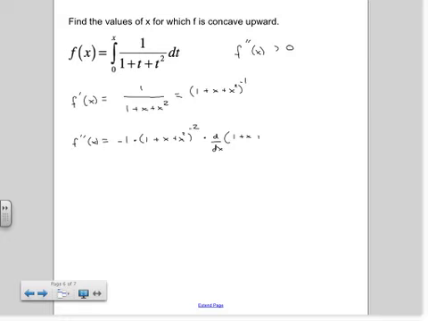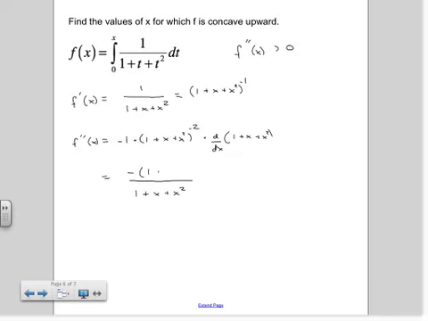So I'm going to go ahead and move the 1 plus x squared to -2 to the denominator. Leave the -1 with the numerator. And the derivative of 1 plus x squared is going to be 1 plus 2x. This is my second derivative.